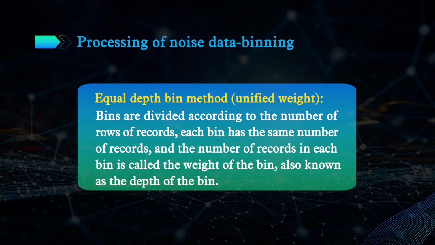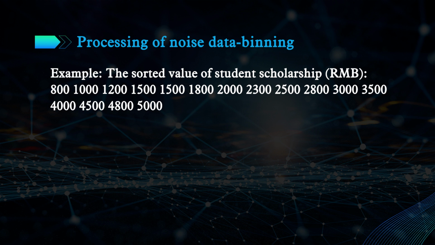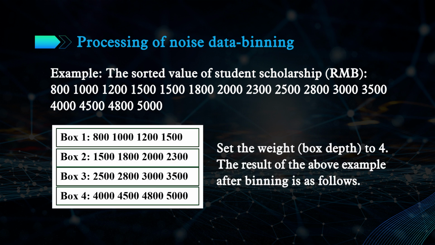Each bin has the same number of records, and the number of records in each bin is called the weight of the bin, also known as the depth of the bin. In this example, we have 16 records, and we decide the box depth is 4. After binning, we have 4 boxes, and each box contains 4 records, which is the depth of the box.